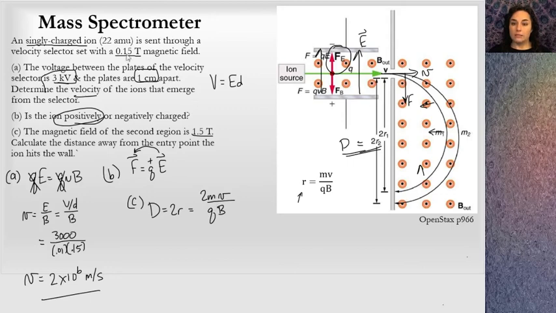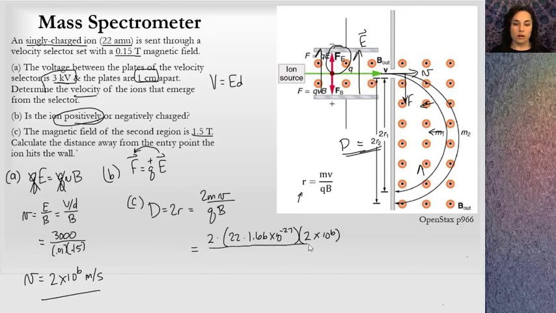The mass, we can figure out, 22 AMU. If you know how many kilograms are in 1 AMU, that's the simple conversion. We know the velocity. We know the charge is singly charged, and we were given the magnitude of this second magnetic field, 1.5, 10 times bigger. So we're going to go 2 times 22, and then there's 1.66 times 10 to the negative 27th kilograms in an AMU, and the velocity is 2 times 10 to the 6th.